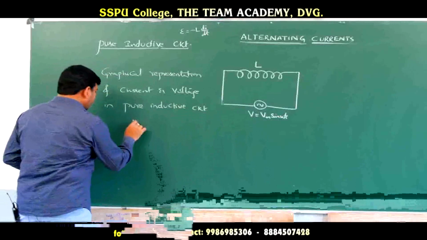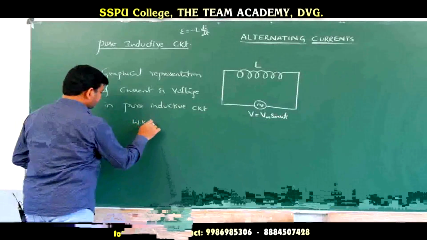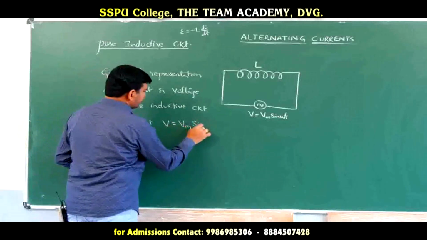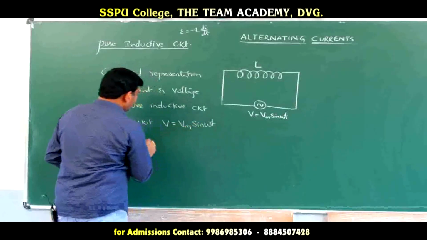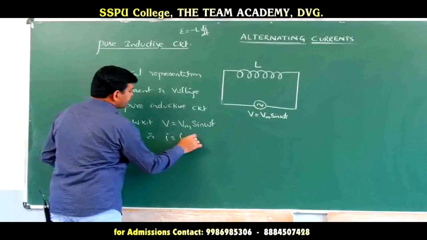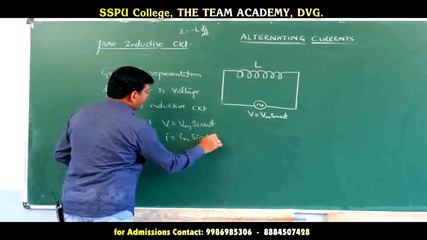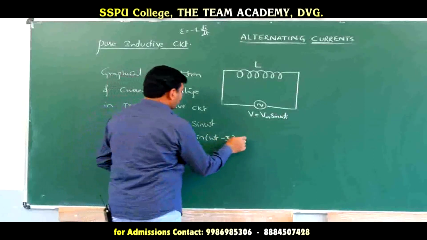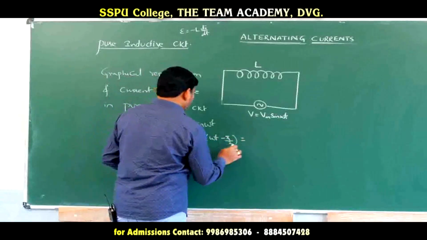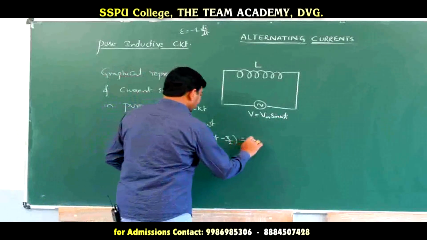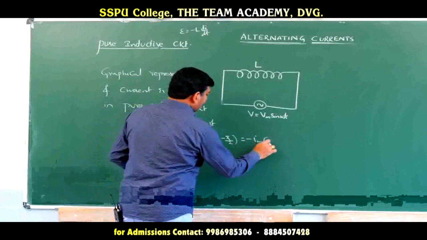So here we know that V is equal to Vm sin omega t. And we know that current I is equal to Im sin(omega t minus pi by 2). So that means I can also write it as minus Im into cos omega t.